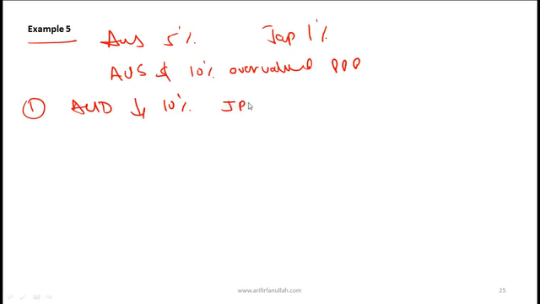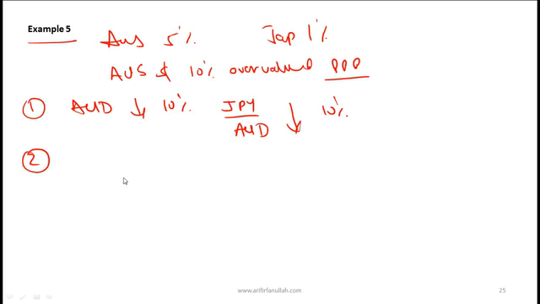Here, Australian dollar is the base currency. If you recall from our earlier discussion, if this exchange rate goes down, that means that the base currency is declining or losing value. So essentially this needs to go down by 10% for purchasing power parity to be restored. So fairly intuitive.